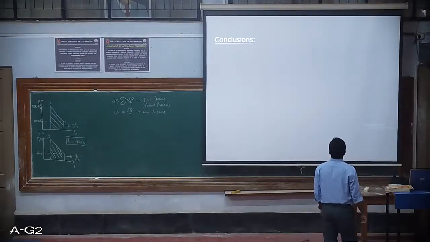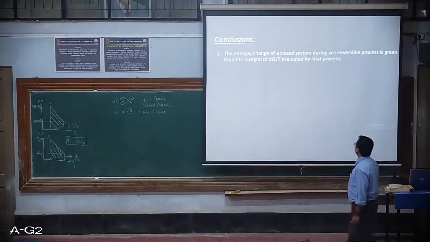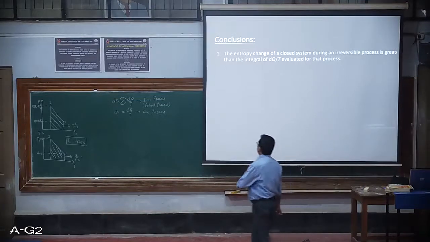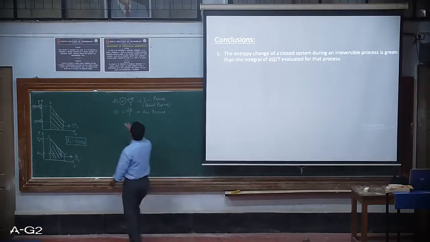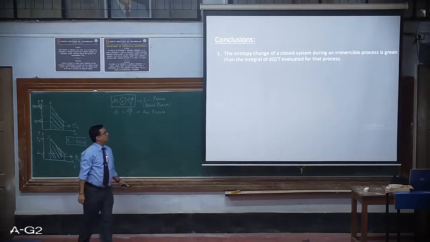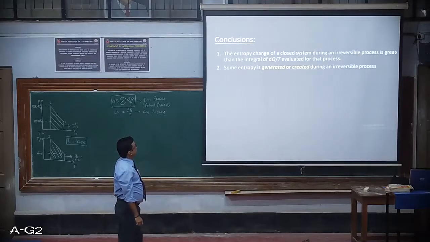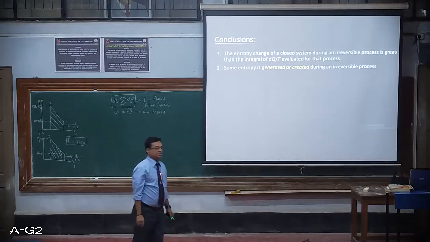So the conclusions here are: the entropy change of a closed system during an irreversible process is always greater than the integral of delta Q by T. That means this expression is always greater, evaluated for that process. Some entropy is generated or created during an irreversible process.